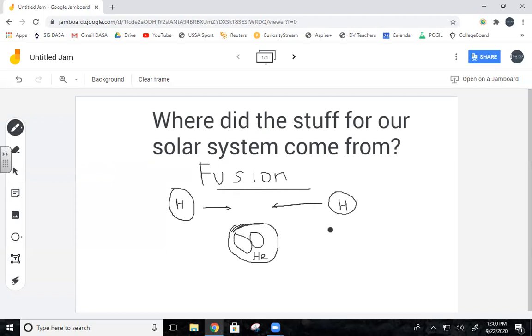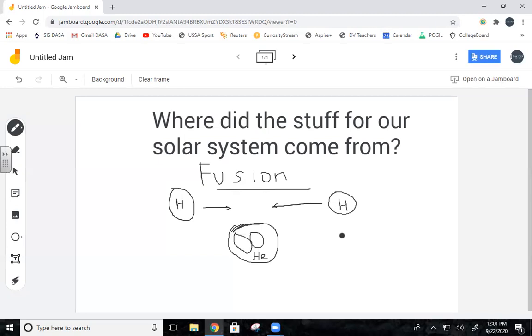We have figured out how to do this, but not in a controlled manner. We just know how to blow things up. That's how we do things. For reference, our sun is essentially several million nuclear weapons exploding every second.